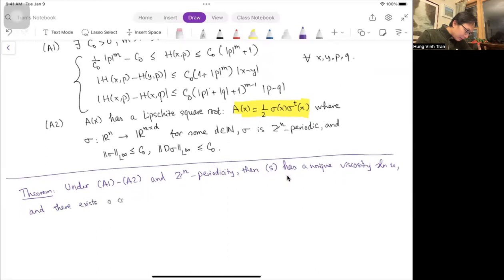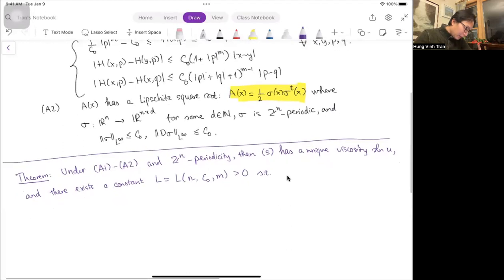a constant L that depends on the dimension, depends on C naught, depends on m, greater than 0, such that, and in fact, this constant can be computed explicitly.